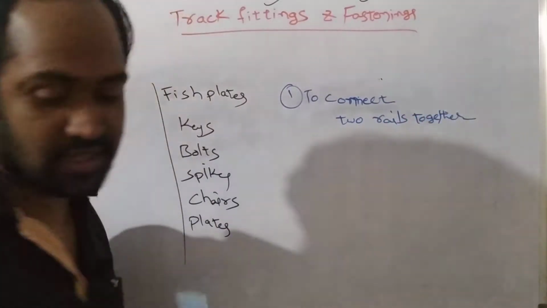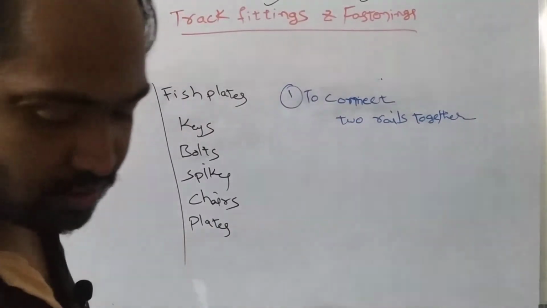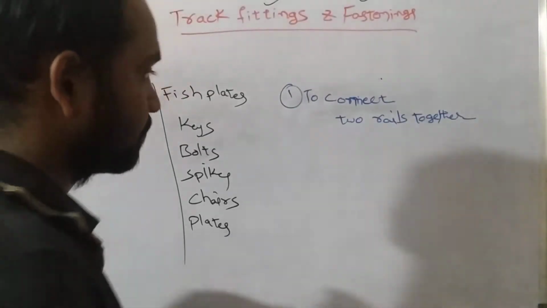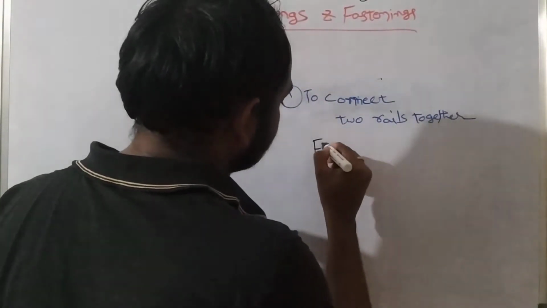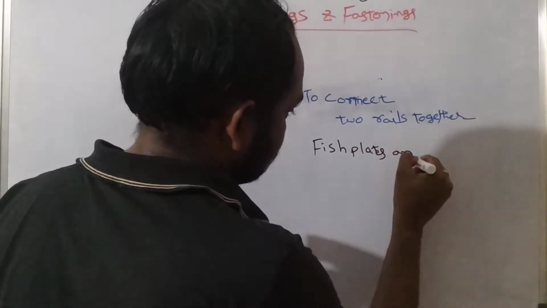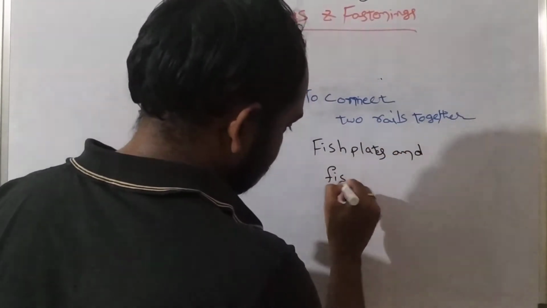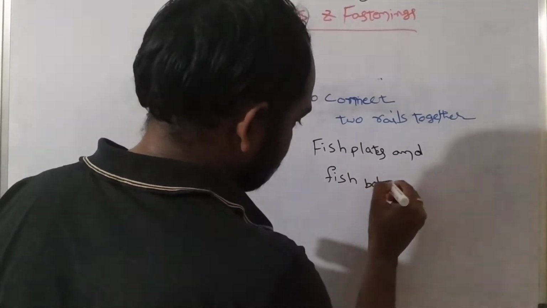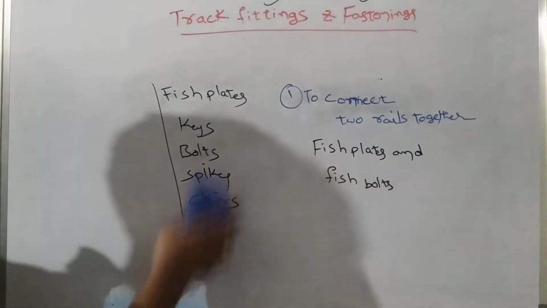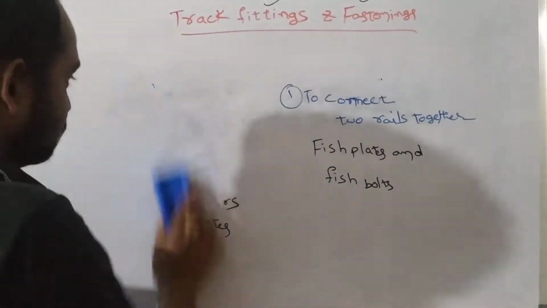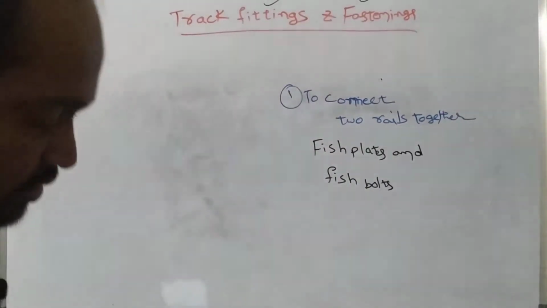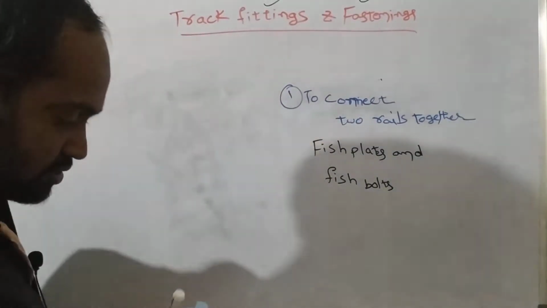For this purpose we will use fish plates and fish bolts. Okay, now. And the second one is fitting rails to sleepers.